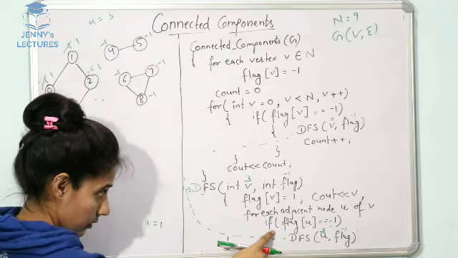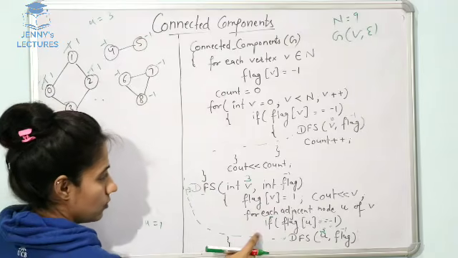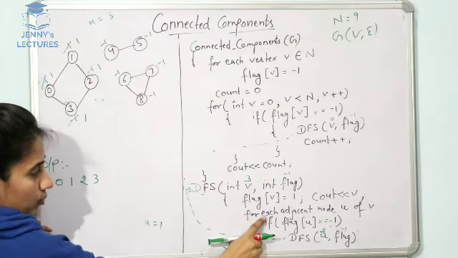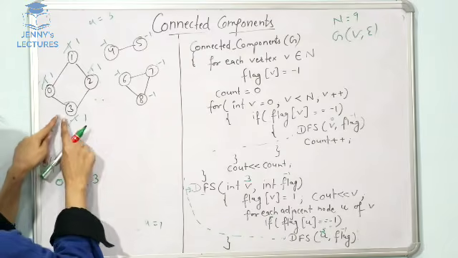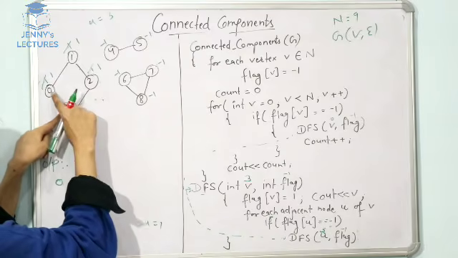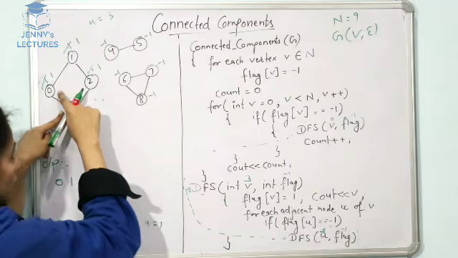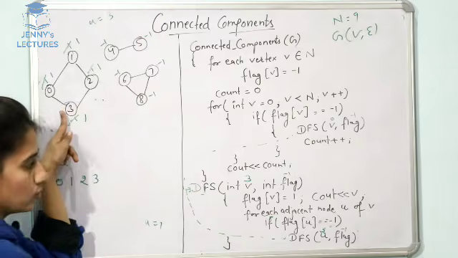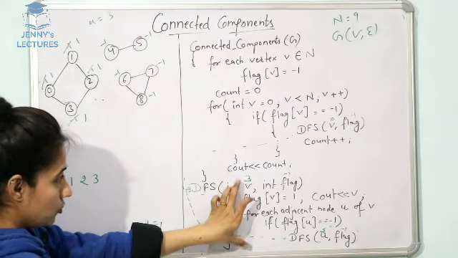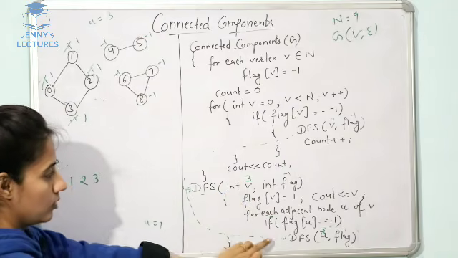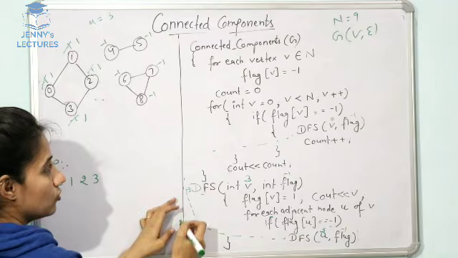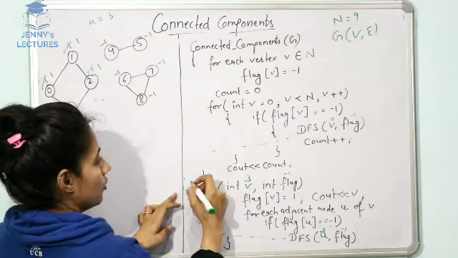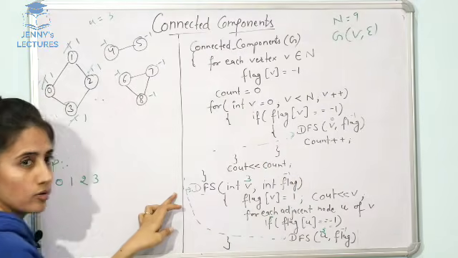We have checked for 0 also, that condition is not true. We have checked for 2 also, this condition is not true. Now the control will be out from this loop, and the control will go back to where the function was called.